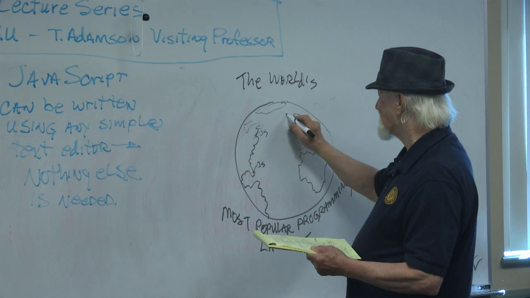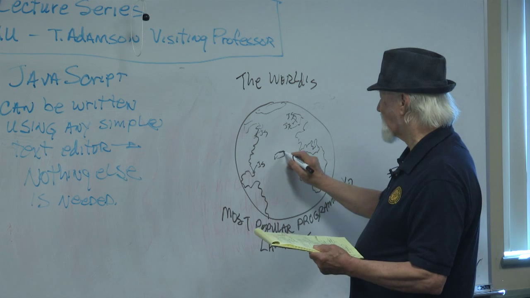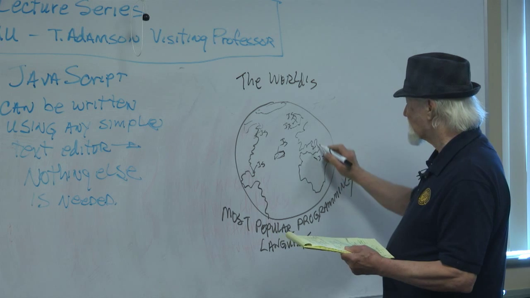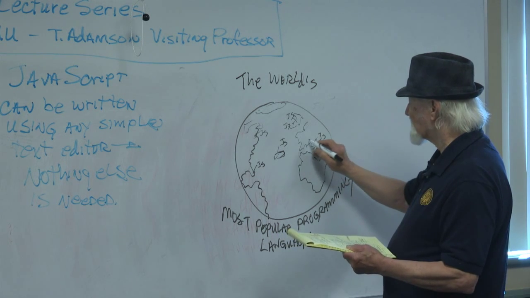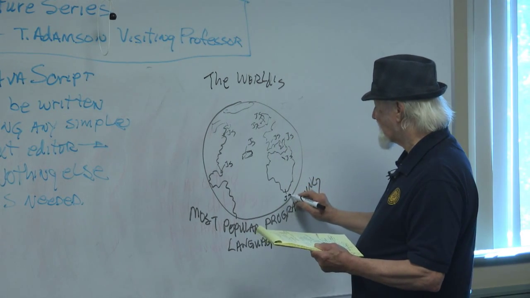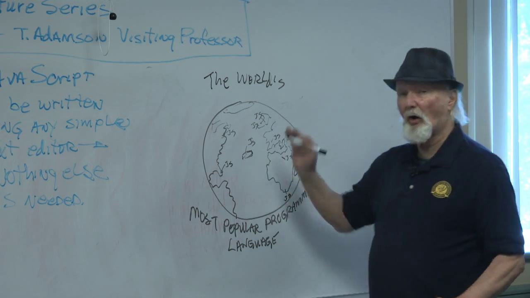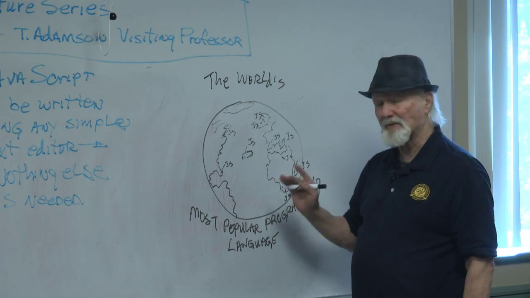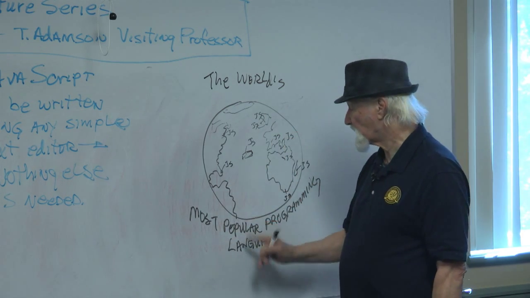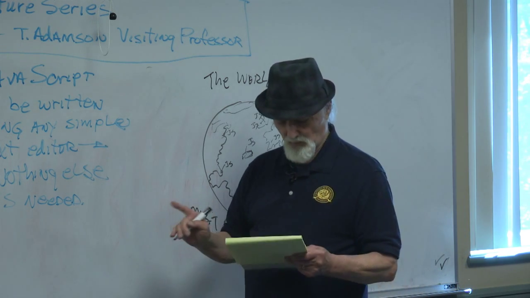JavaScript is used in Great Britain, Ireland, on a boat going across the Atlantic, in Egypt, Italy, France, South Africa, and Madagascar. JavaScript is used all over the place for all kinds of applications. I'm not talking Java, I'm talking JavaScript. It's the world's most popular programming language, used in more applications than any other single programming language.